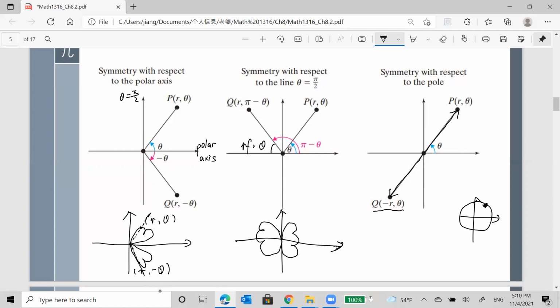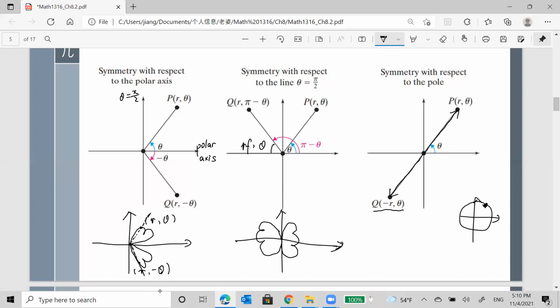Can I use another expression to express the point Q? Yes, of course. If I have a positive r, for example, from 0 to here r is positive, and I want to find the Q point. So r is here, but the theta is no longer theta, because I want to go to Q. From here, I need to do the rotation counterclockwise by pi.